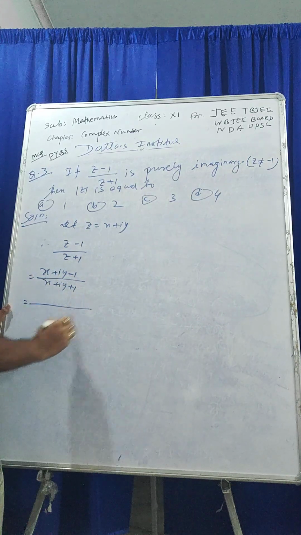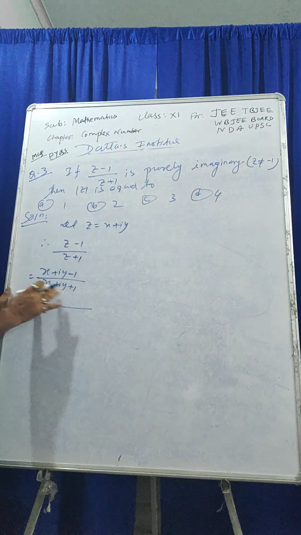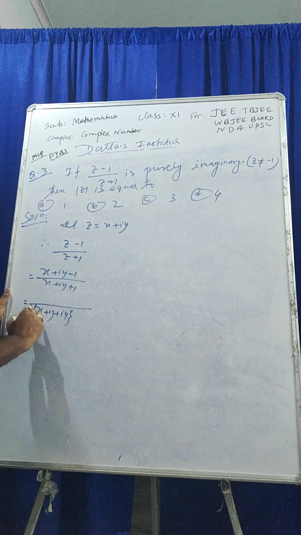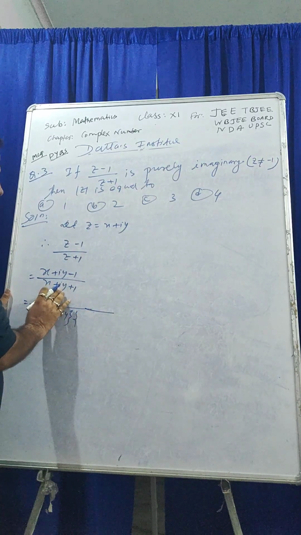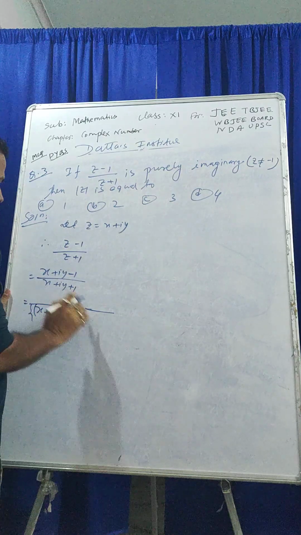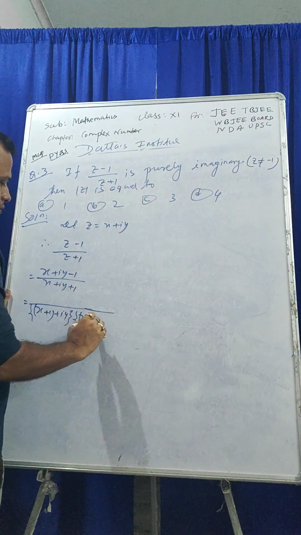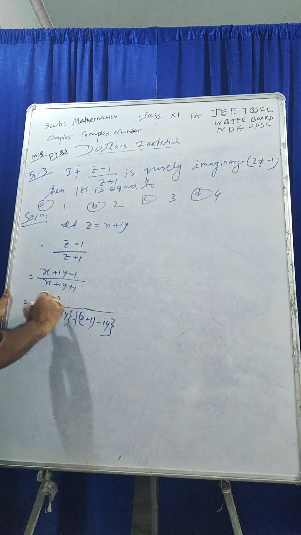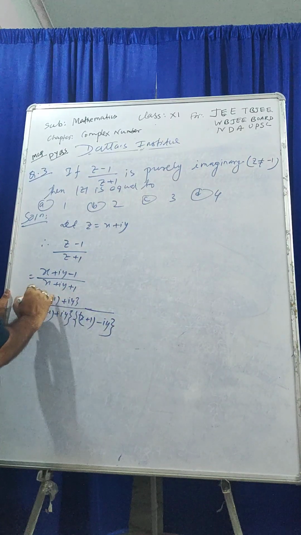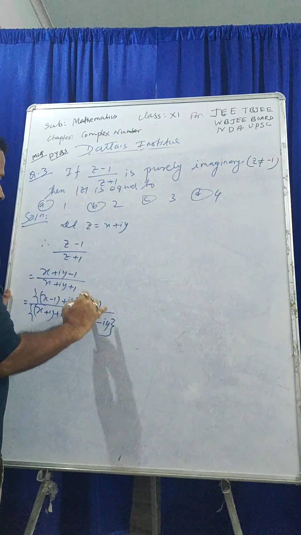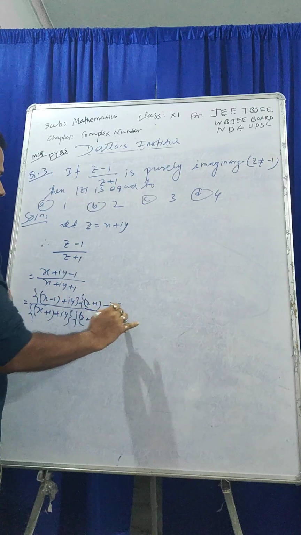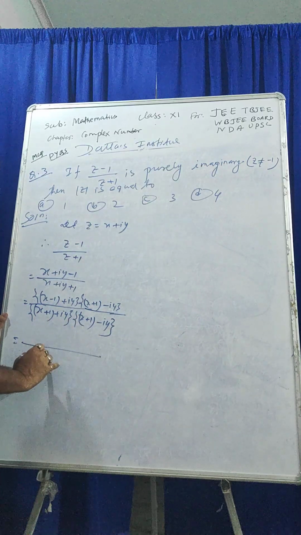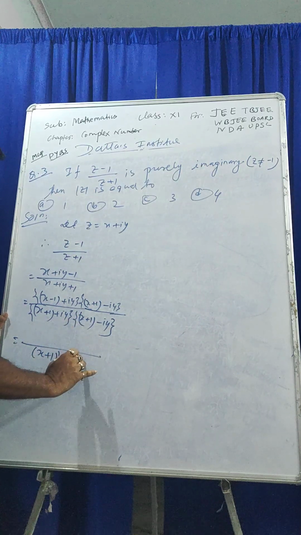Now here we have to do rationalization. Multiply by x plus 1 minus iy, the conjugate, in numerator and denominator. So here will be x minus 1 plus iy, and here will be x plus 1 minus iy. Now here is the a plus b into a minus b form. It will become x plus 1 whole square minus i square y square.